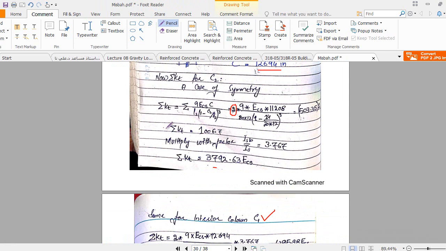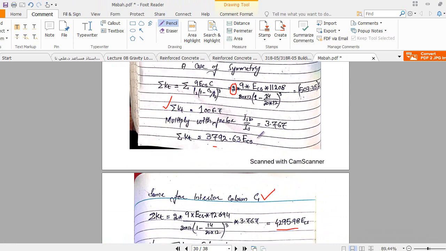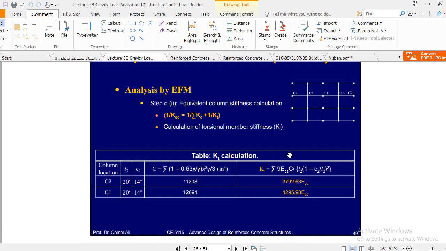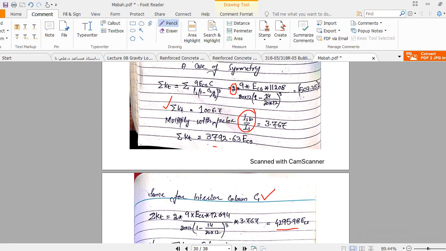Similarly, KT for C2 and KT for C1. But one more thing which is very important: you have to multiply by this factor. Why are we multiplying by this factor? Because you see that here we have beams existing in the analysis direction, or the span direction, so we are compelled to use this. This is the restriction of the equivalent frame method as well as the ACI code, that you have to increase your KT by multiplying by this factor.